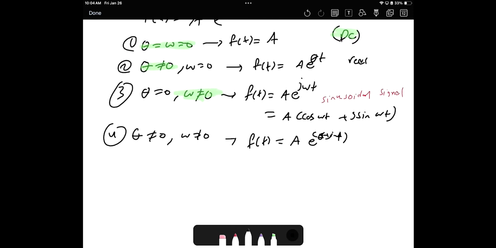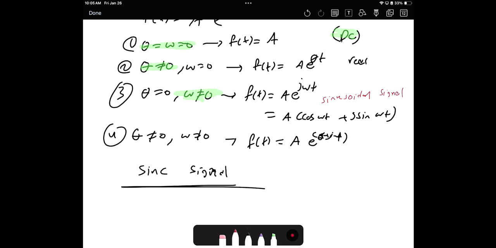Now, let's go and discuss also some special signals, like the sinc signal. Have you ever heard of sinc signal? Yes. So what do you think sinc signal is?